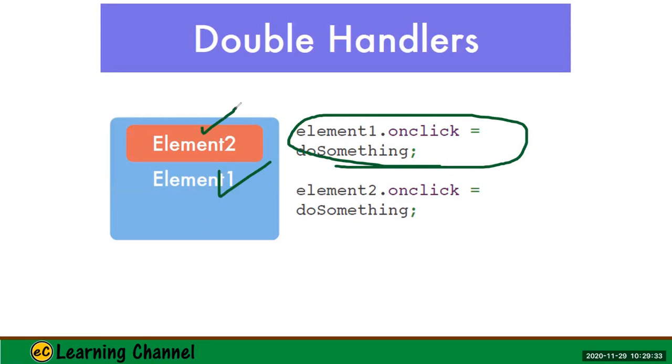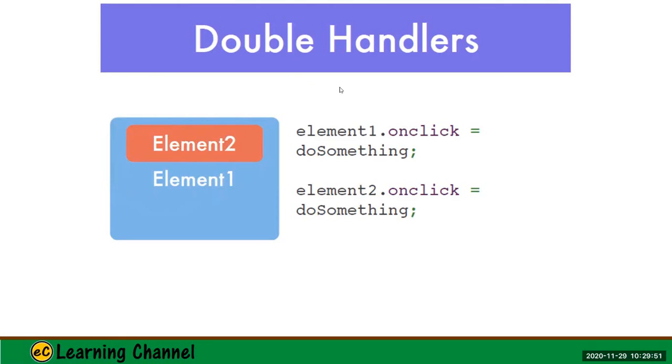But if you click element 2, what will happen? You may do the one set up by element 1, but also element 2, right? Because element 2 is part of element 1, right? So for that portion, we have some handlers that you need to take care of. Is that okay?